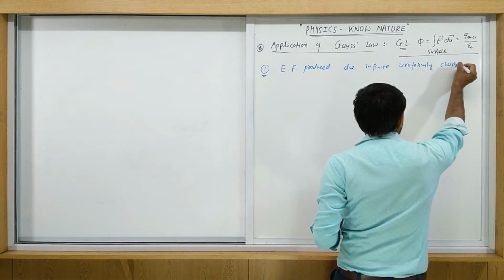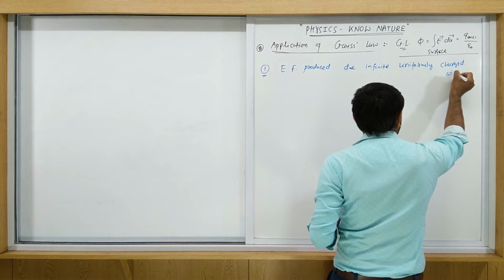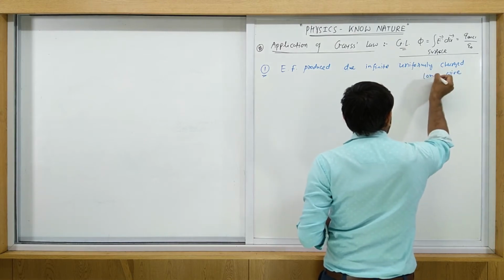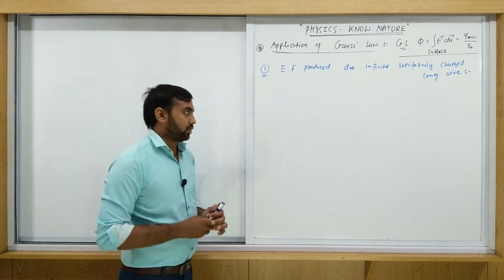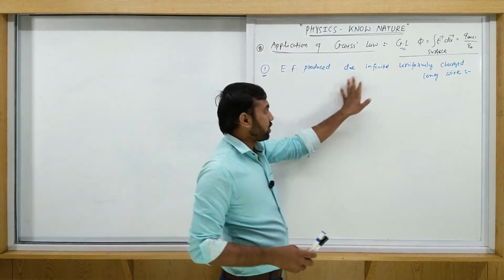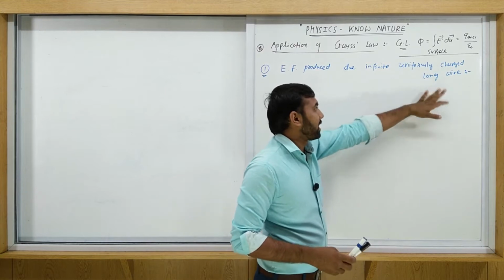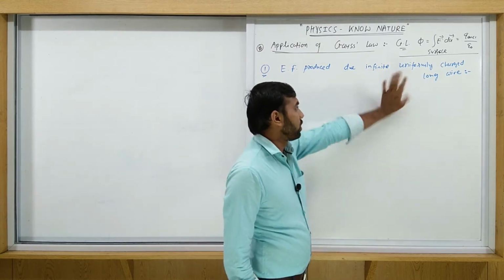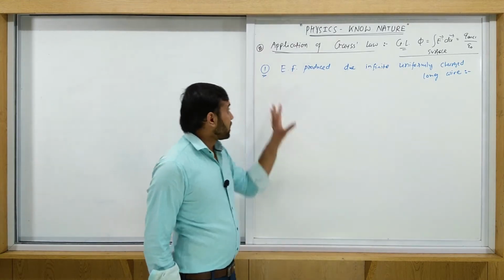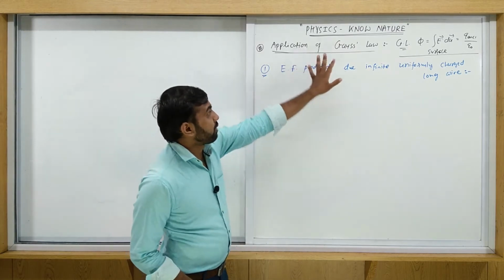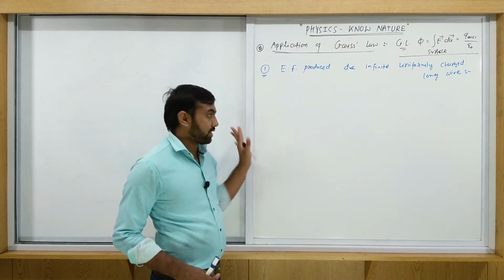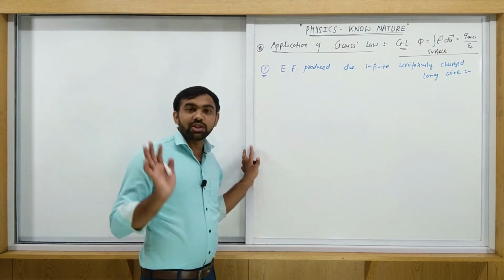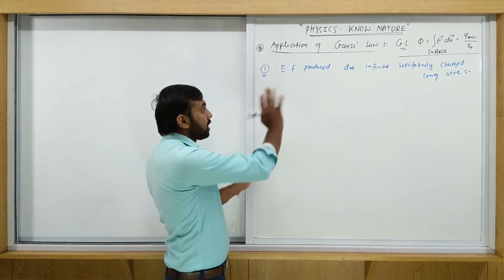Electric field produced due to an infinite, uniformly charged long wire. That is a very useful equation which is derived using Gauss law. Actually we derived this relation in the previous sessions, but at that time we used Coulomb's law. Now we are using Gauss law.